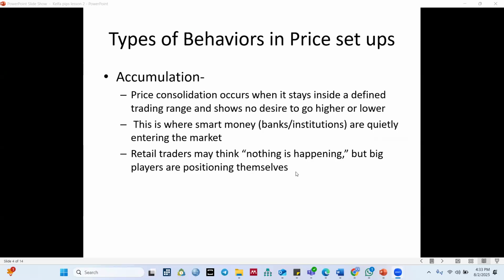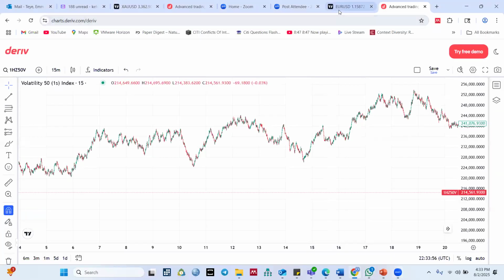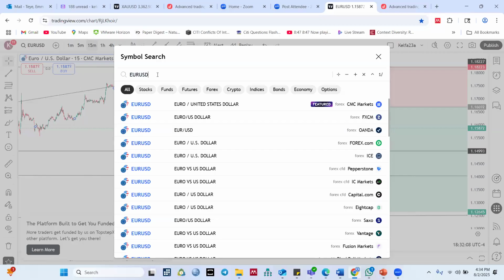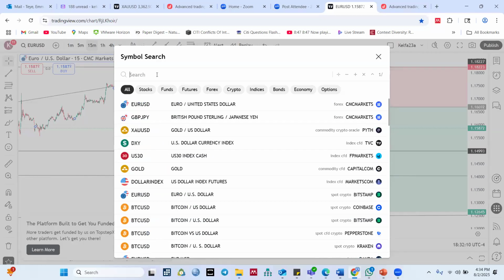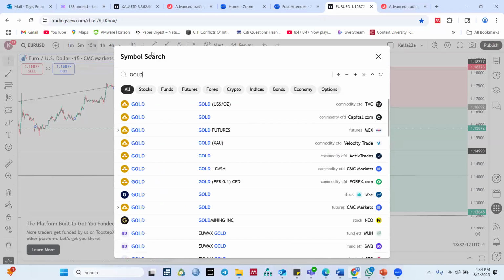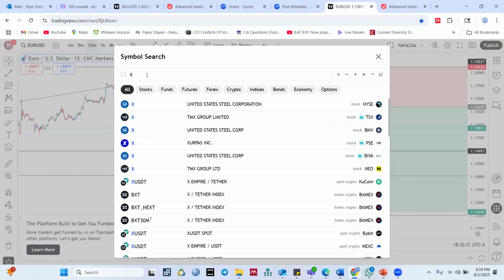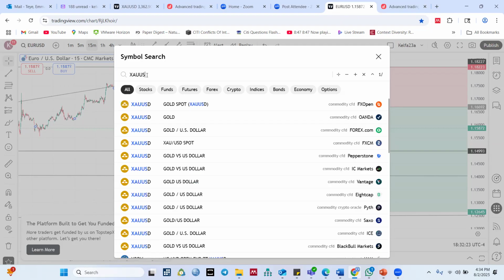So anytime there is a higher time frame accumulation, like on gold, let's go back to TradingView. This one is EURUSD. Let me search for gold, which is XAUUSD.